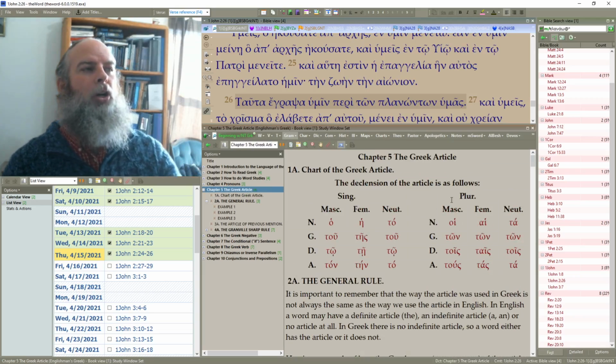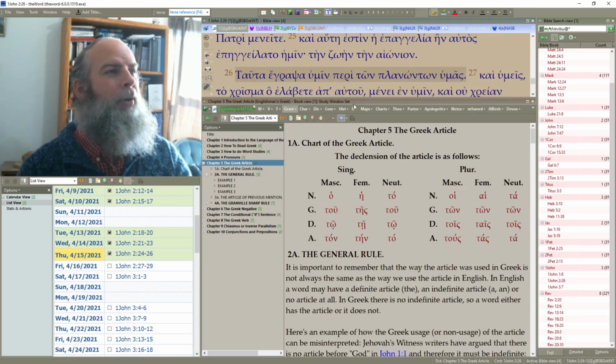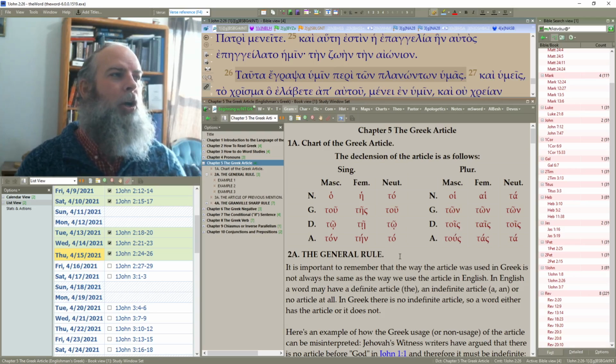The chart of the Greek article. The declension of the article is as follows. I'm going to bring this a little bit further. We have singular: masculine, feminine, neuter, and then plural: masculine, feminine, neuter. So if you were looking for the singular nominative, it would be ho, he, to.